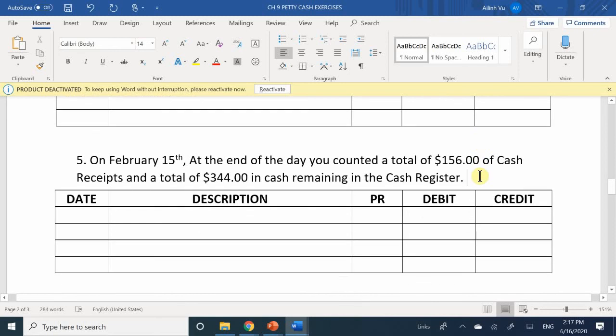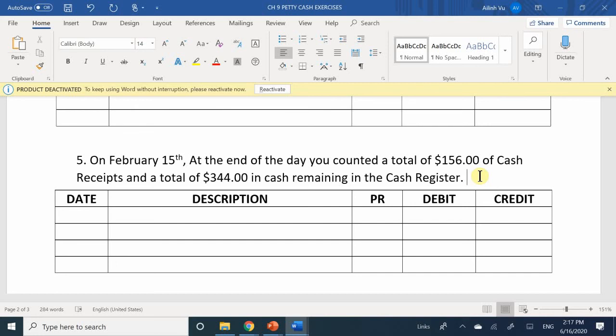Give the sheet to your supervisor, accountant. Don't you have to debit your cash register? You're adding back $156 to bring your total back up to 500. But my cash register as of right now, if I calculated all my receipts and add the cash that is in my register right now, it totals up to how much? 500.